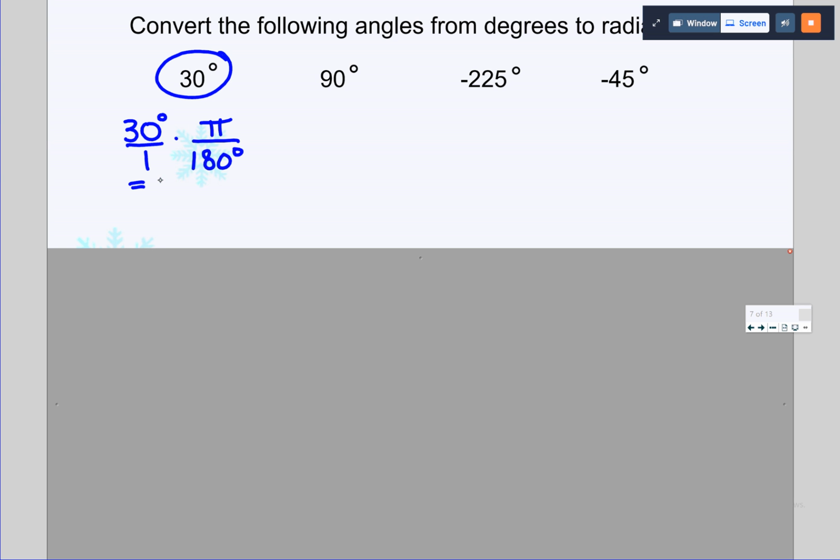We're going to multiply straight across, 30 pi over 180, which at this point you could get a decimal if you wanted to, but radians, we typically like exact answers. Like when you do Math Excel, it'll say give an exact answer in terms of pi, which means we're going to leave the pi there. And we're just going to reduce the numbers in front of the pi, so 30 over 180.